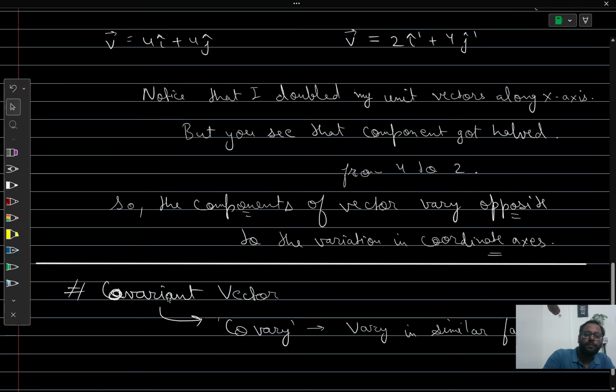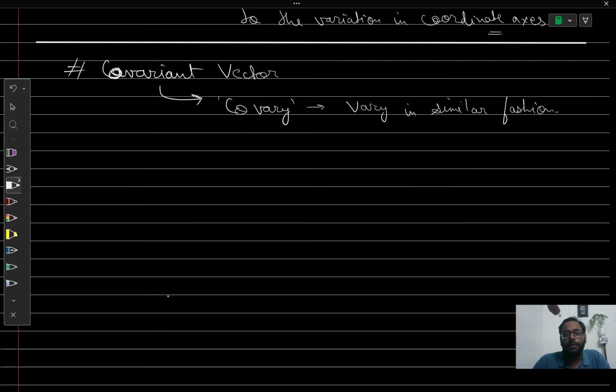Okay, so let's take an example. What will vary? The components. So let's take an example of gradient, in a simplified case.